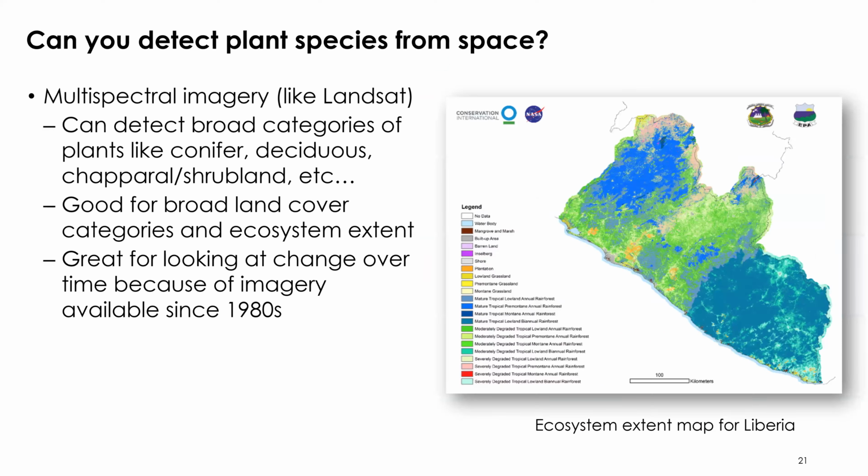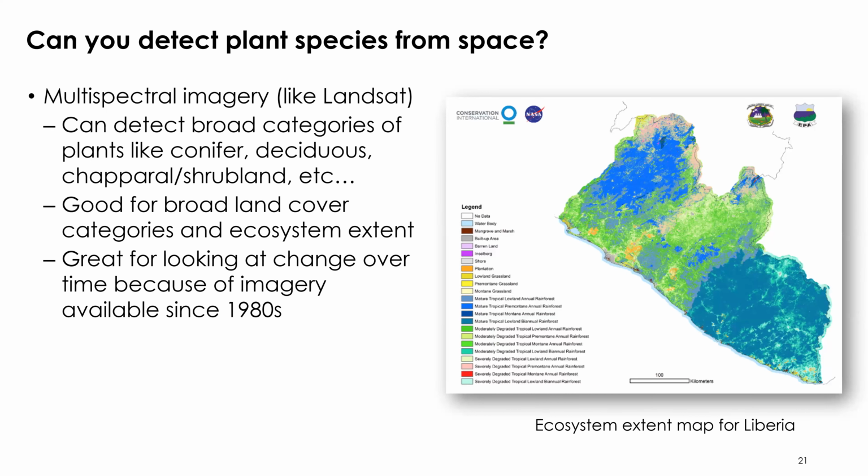So the big question you might be asking is, can you detect plant species from space? And the answer is, it depends. With multispectral imagery, like the Landsat imagery that I just mentioned, you can generally detect broad categories of plants or groups of plants, like conifer, deciduous, chaparral, shrubland, that kind of thing.